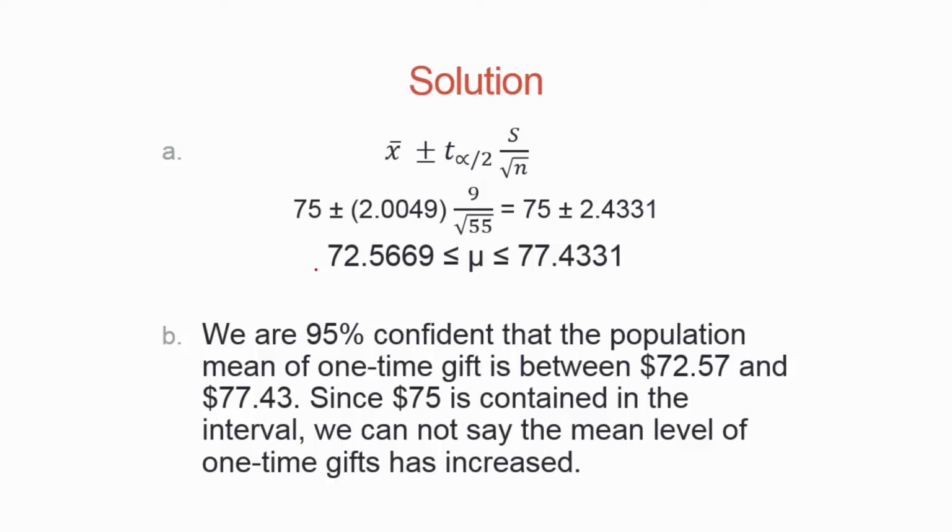We add and subtract that from the sample mean, and we get an interval: 72.5669 is less than or equal to mu, which is less than or equal to 77.4331. That is the solution to part A.